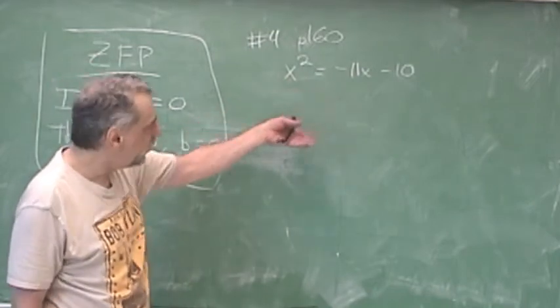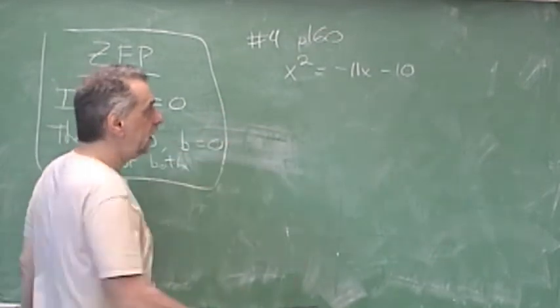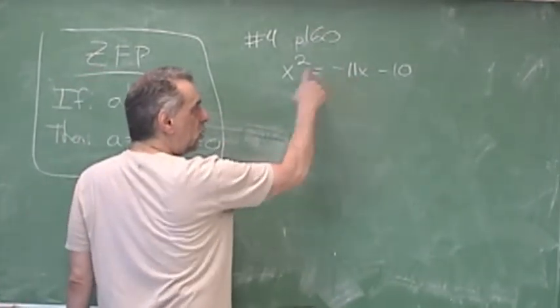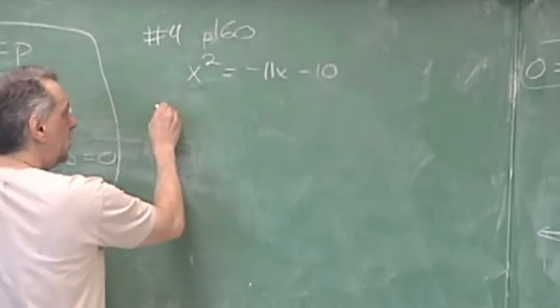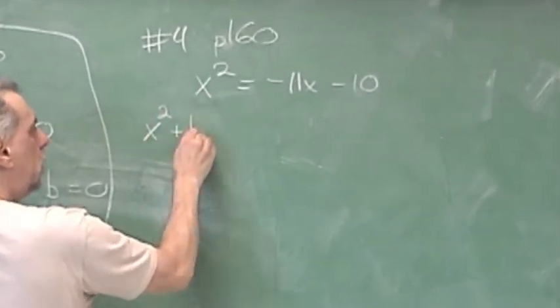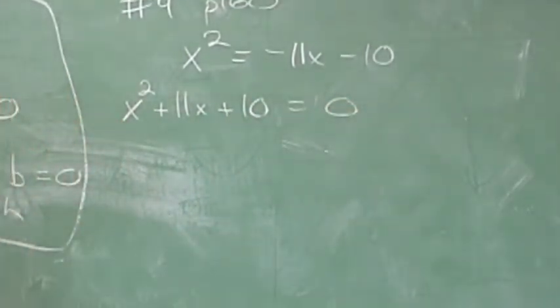So we'll move everything to the left-hand side of the equation and put the 0 on the right-hand side. We're going to add 11x to both sides, and we're going to add 10 to both sides. So we get x squared plus 11x plus 10, and then we're left with 0 on the right-hand side.